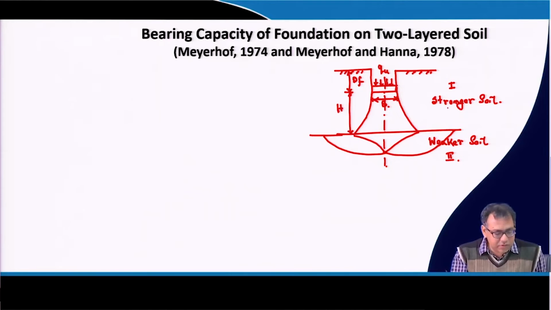Here for the stronger layer, this is the unit weight, phi value and the C value. This is phi 1, C 1 and gamma 1, and for the weaker layer gamma 2, phi 2 and C 2. Gamma, phi and C are the unit weight, friction angle and cohesion respectively. Now, how can it be calculated?